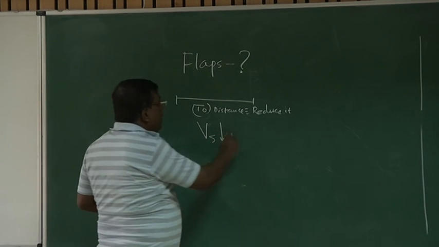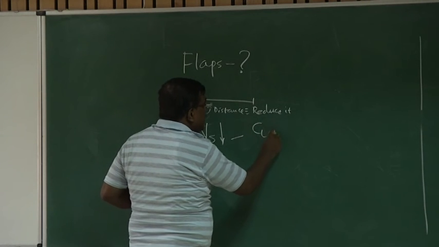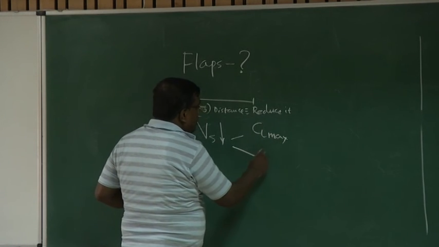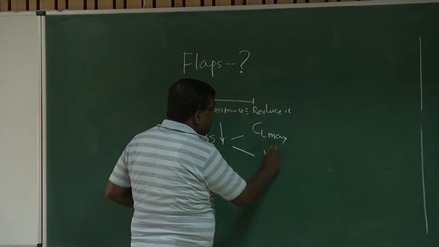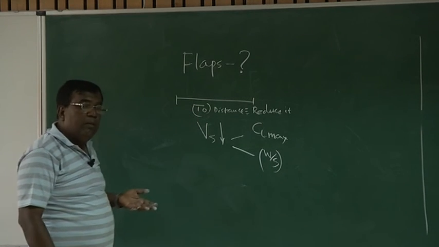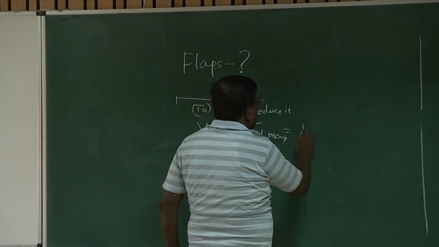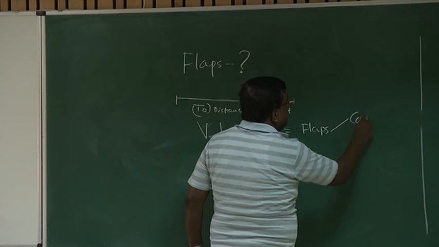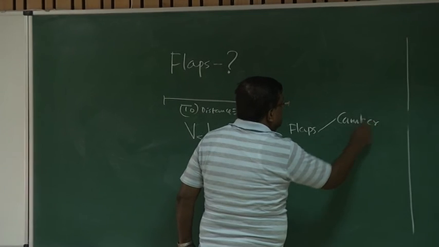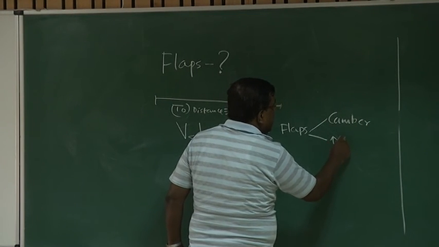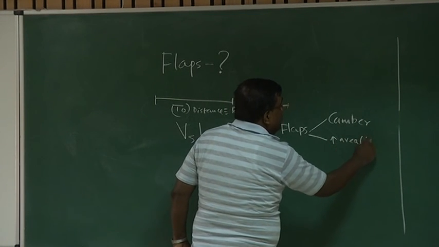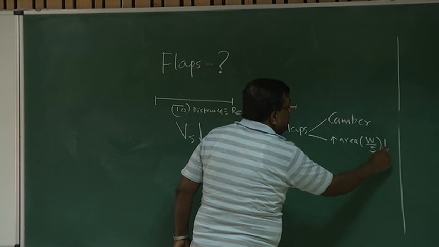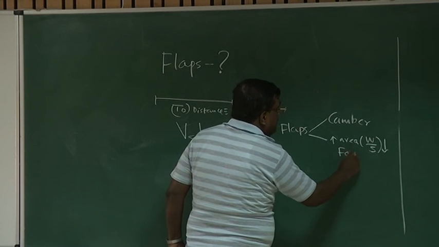How to reduce Vstall? One way is to increase CLmax or decrease wing loading. How to increase CLmax? Here come flaps. And what is the concept behind it? Change the camber or increase the area so that W by S decreases. It's typically the Fowler flap.